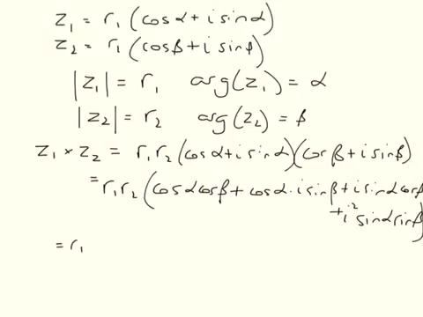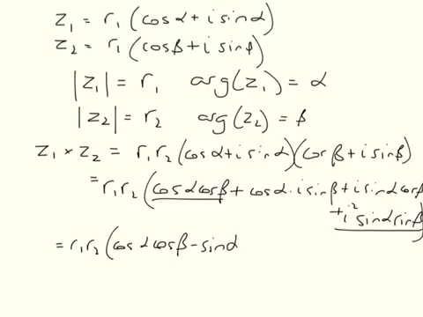Tidying that up a little bit, getting the real bit first, so I've got cos alpha cos beta, which is that one. Then this one, because it's i squared, it becomes minus sine alpha sine beta. Then plus the imaginary part, here I've got cos alpha sine beta, and sine alpha cos beta.